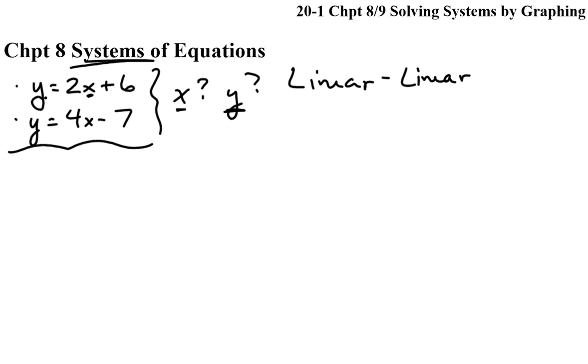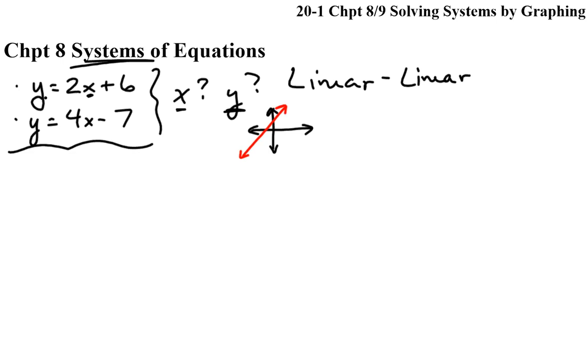And a linear system, as a quick review, there's 3 situations that can occur. In general, if I have my Cartesian grid, because the first thing we're going to do is solve these graphically, if I had 2 equations and I created the lines, because that's what y equals 2x plus 6 really is, and I'm just jotting stuff down. I'm not doing y equals 2x plus 6 exactly, so please don't hold me accountable and say that's not correct. But it would maybe be something like that.